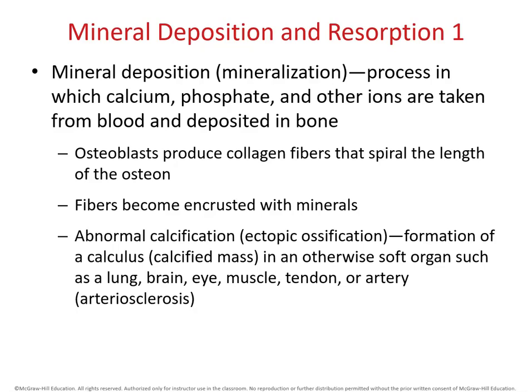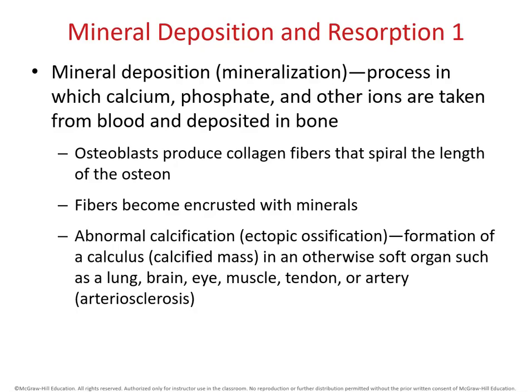Mineral deposition, also called mineralization, is the process where calcium phosphates and other minerals are moved from the blood to the bone. This happens when osteoblasts make collagen fibers, and they go in a spiral around the length of the osteon.